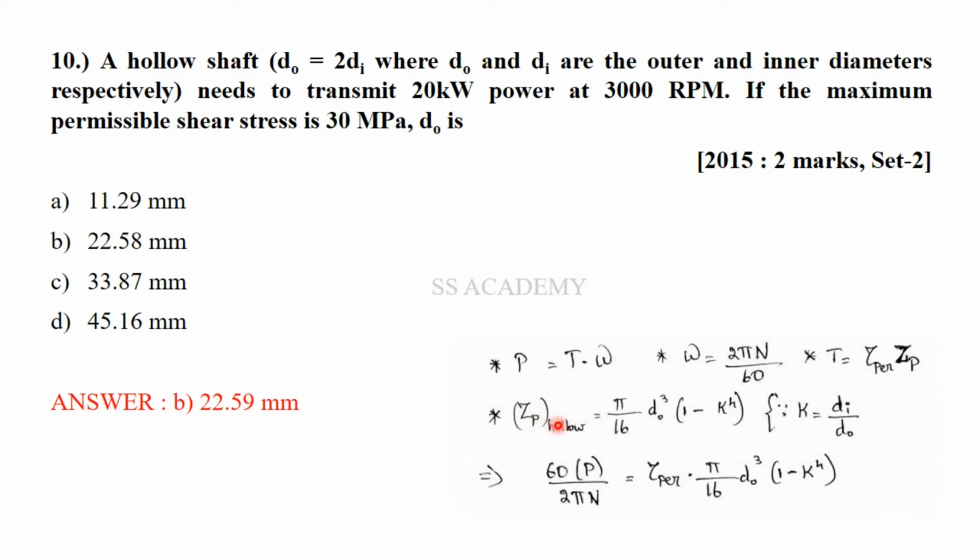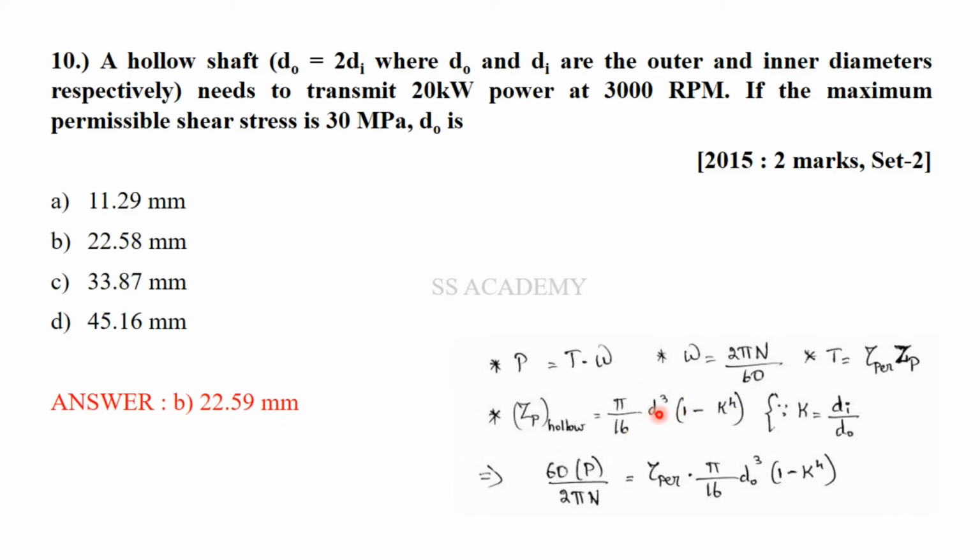ZP hollow, that is, the polar section modulus of a hollow circular shaft, is given as pi by 16 d0 cube, that is, outer diameter whole cube, into 1 minus k power 4, where k is the ratio of inner diameter to outer diameter. Another way of representing this formula is pi by 32 d0 power 4 minus di power 4 divided by d0 by 2, that is, Jp divided by r0.